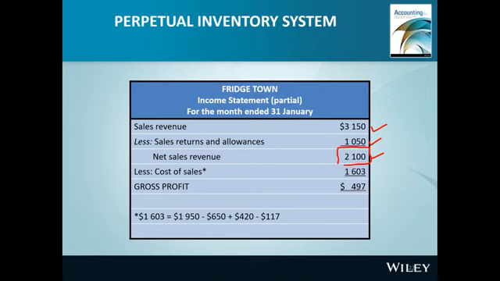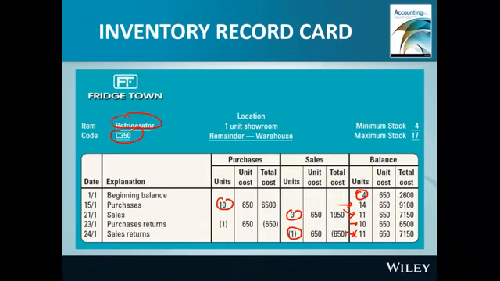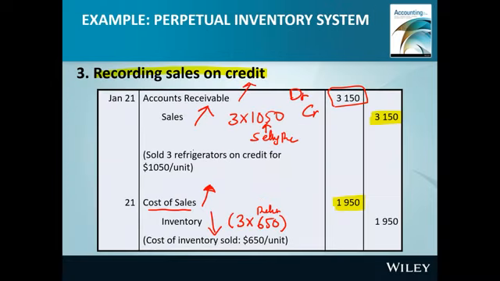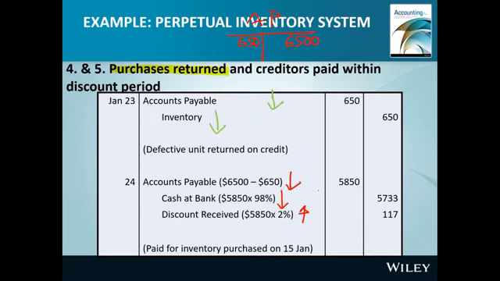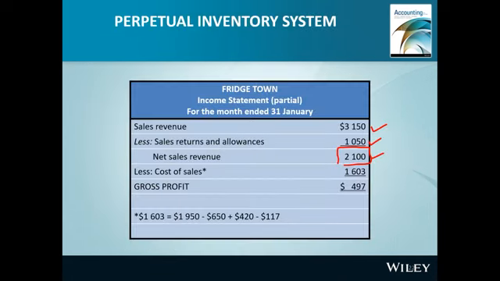How do I get this figure 1603? Based on our cost of sales account. Let me go back to the example here. We have cost of sales 1950 debit, and then we also have our cost of sales here, 650 credit. Going to minus that.